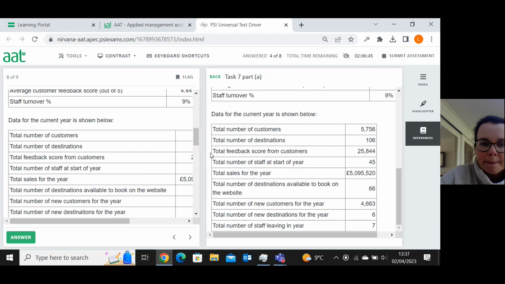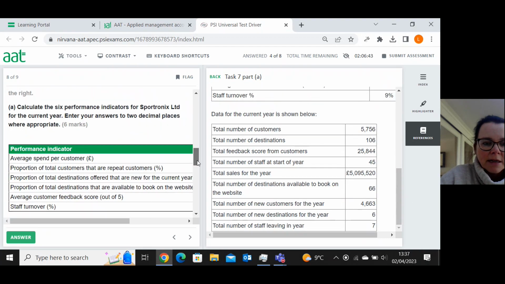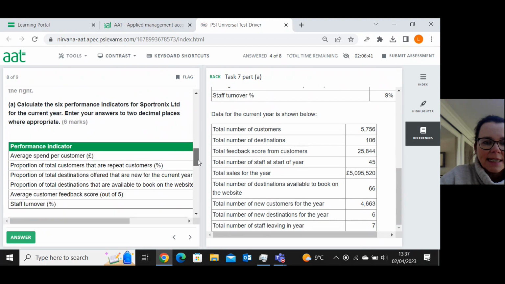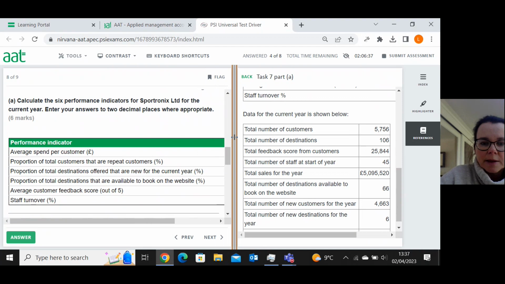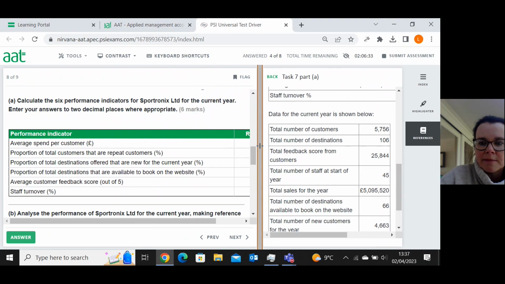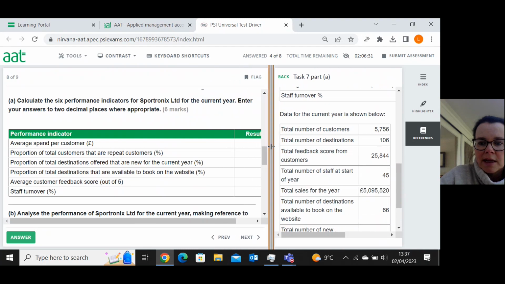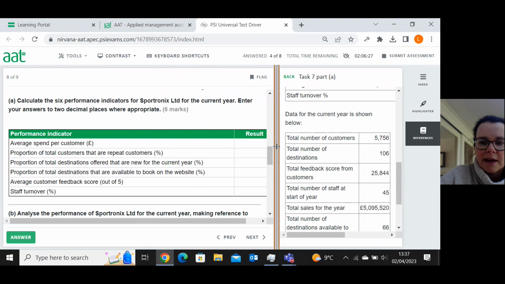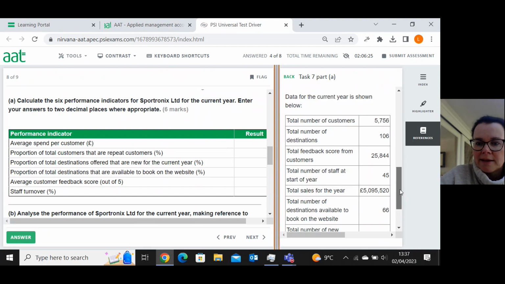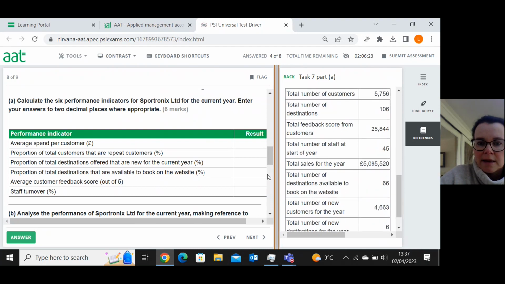There it is. And then we are being asked to calculate these 6 performance indicators. Notice when I push that over there, by the way, those numbers are still there. It's quite user friendly actually. I can squeeze that there and still see that data and be able to type in here as well.